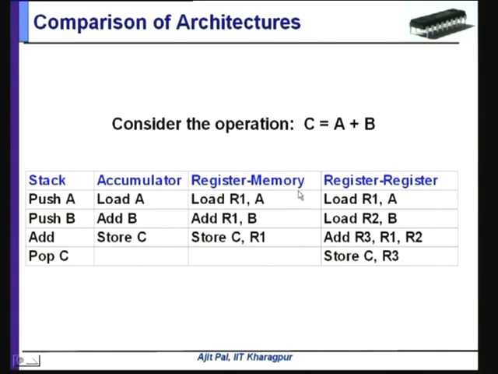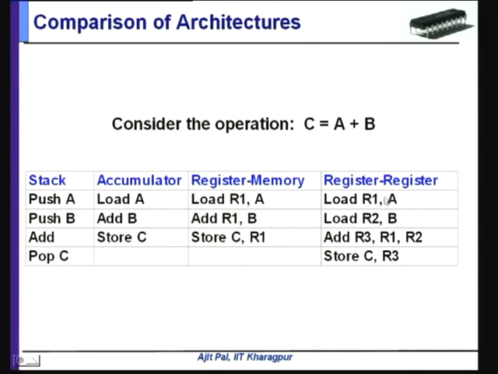And then register memory. In case of register memory, as you can see, you have got the register R1, which is a general purpose register, where you are loading one of the operands, then you are performing the operation. I am adding the content of register R1 with the content of memory location B, and the result is available in register R1, and the result is stored in memory location C in the third instruction. And in case of register architecture, you are always working with the help of registers.